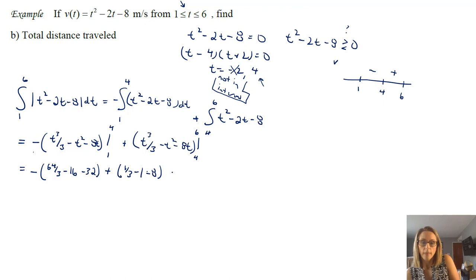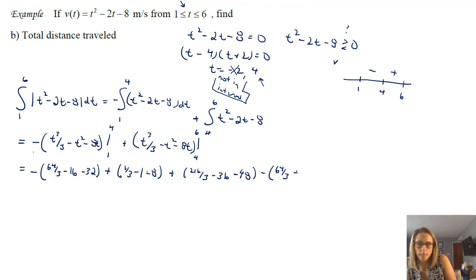Then over here I have my second integral, and I'm going to put in 6, so it should be 216 over 3 minus 36 minus 48. Great. And then subtract what we get when we put in 4, which we already know, 64 over 3 minus 16 minus 32. But notice positives and negatives there, so you do have to pay attention.